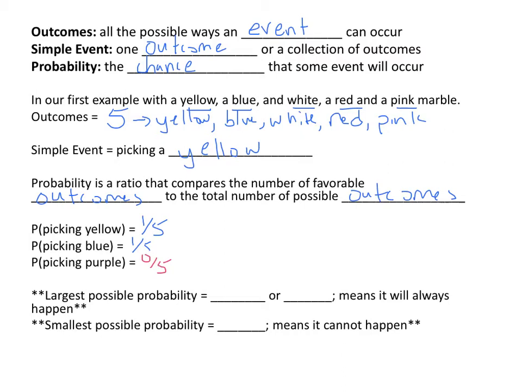So when we're looking at probabilities, the largest possible probability is 1 or 100%, meaning that it'll always happen, and the smallest probability is 0, meaning it cannot happen. In the case of picking purple, it would be 0 because there were no purple marbles.